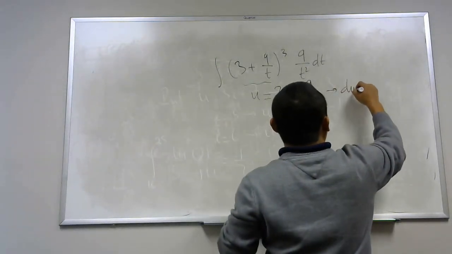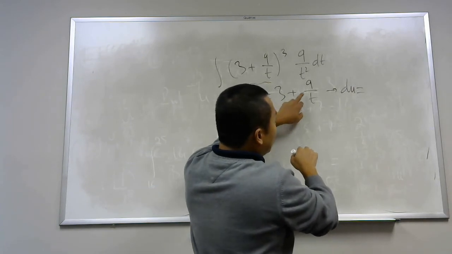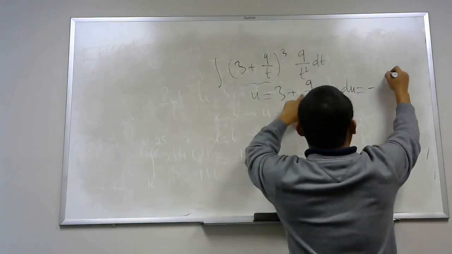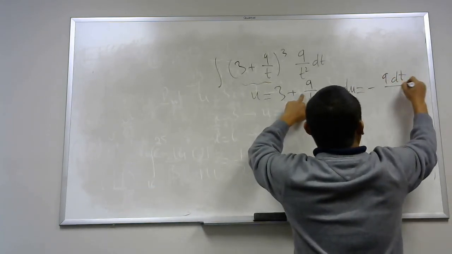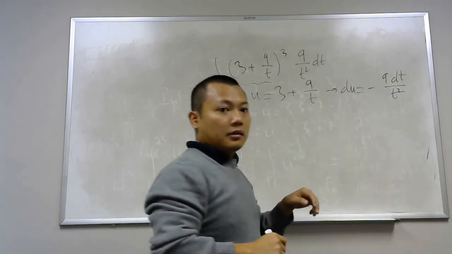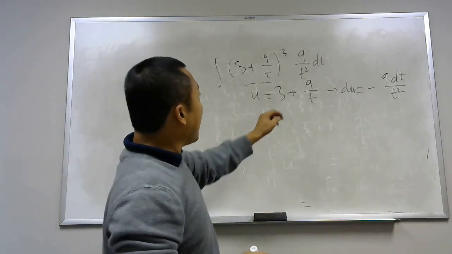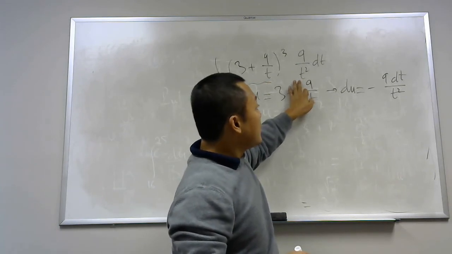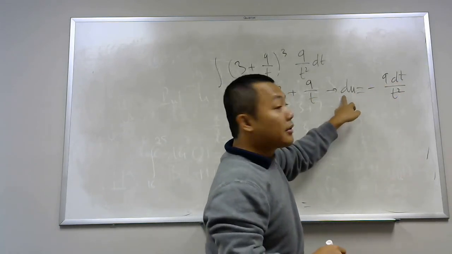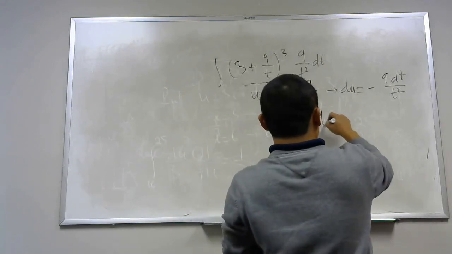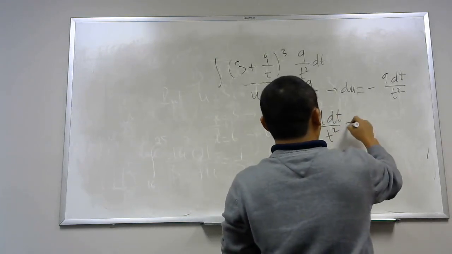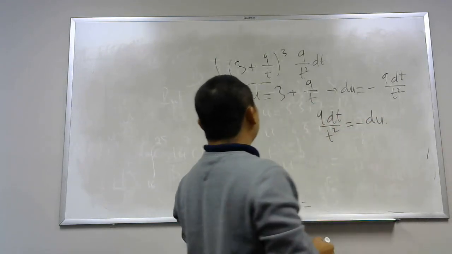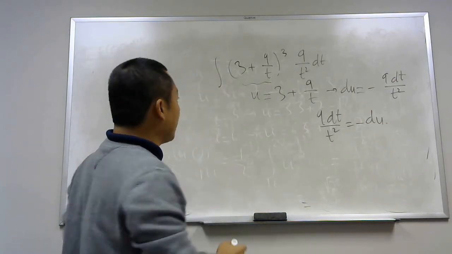I have du; the derivative of 3 is 0. The derivative of this is negative 9 dt over t squared. You see, I already have 9 dt over t squared here. That's perfect. So 9 dt over t squared equals negative du. Now I can rewrite our integral.